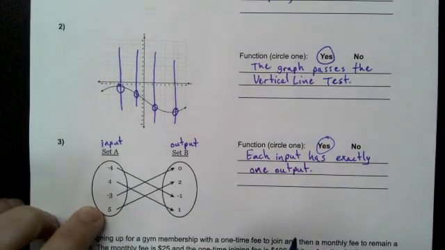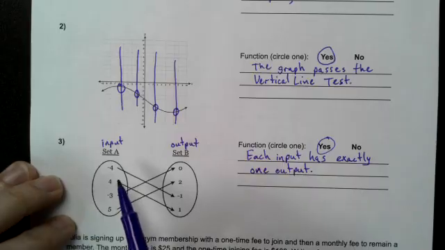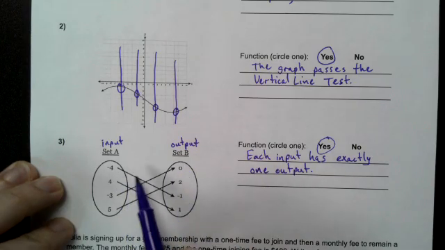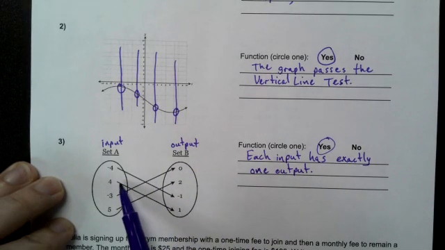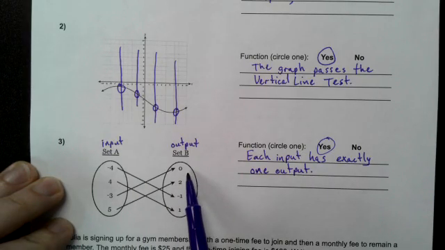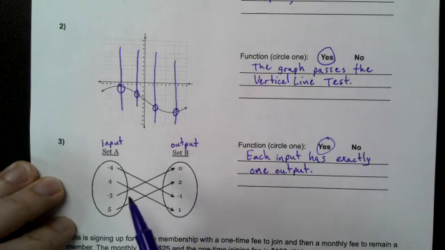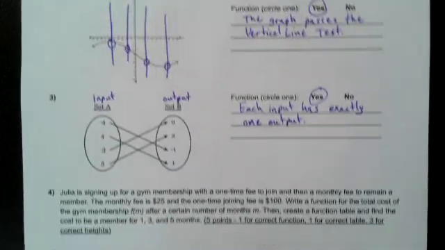This is that relation mapping. You'll know if something has more than one output if there are multiple arrows coming from set A. So if 4 is going to 1, but there was another arrow going to another number, that would indicate that 4 has multiple outputs, which would mean that it's not a function.